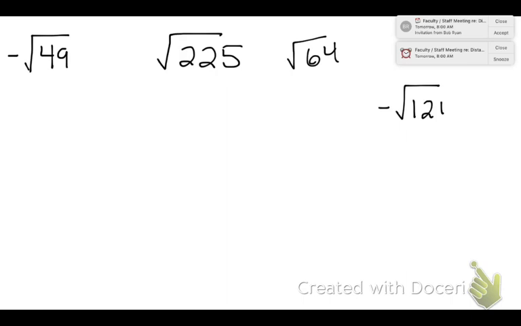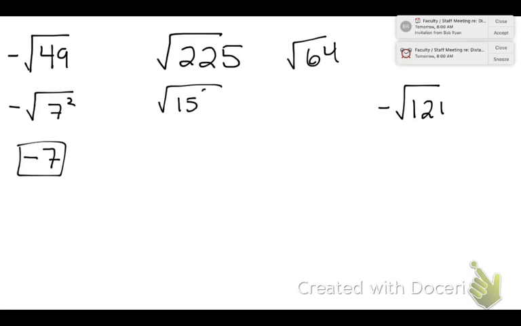I'm going to assume you tried them yourself just like you would have in class. We know that 49 is the same thing as 7 squared, so the negative square root of 49 must be negative 7. We saw earlier that 225 is 15 squared, so the positive square root of 225 must be 15.